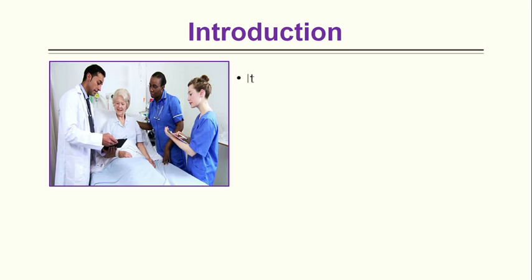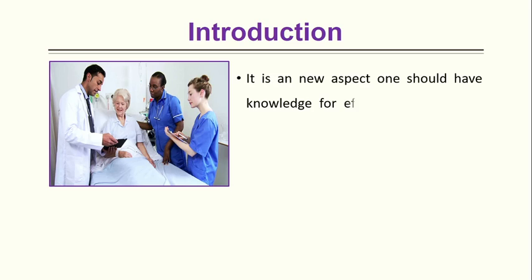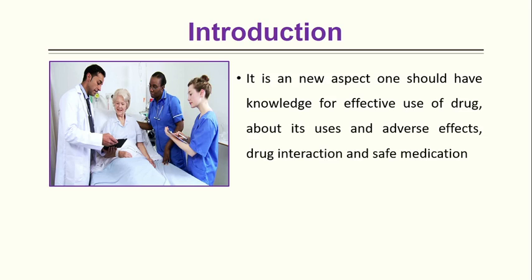So clinical pharmacy is a new aspect. One should have knowledge for effective use of drug, its uses and adverse effects, drug interaction and self medication. So just remember, clinical pharmacy is a patient oriented service.